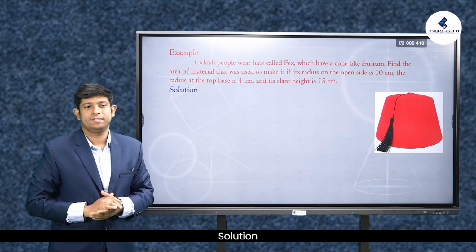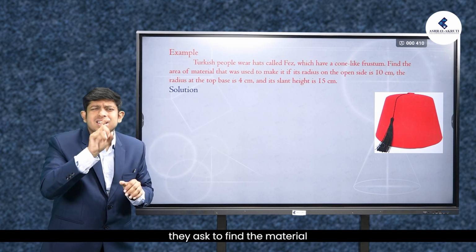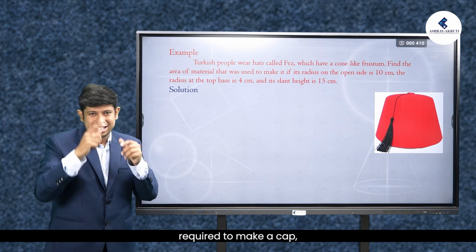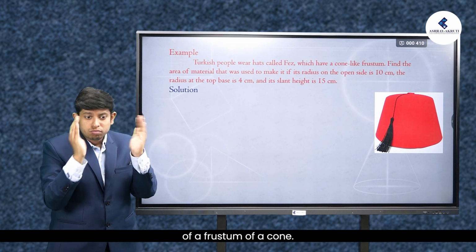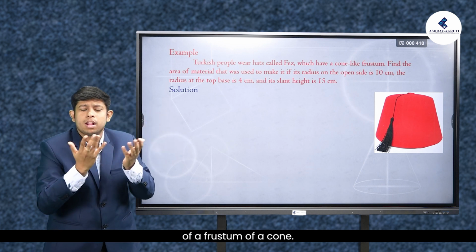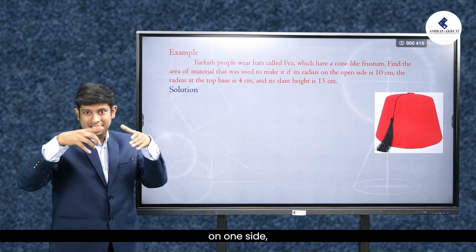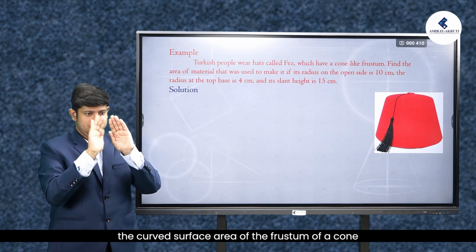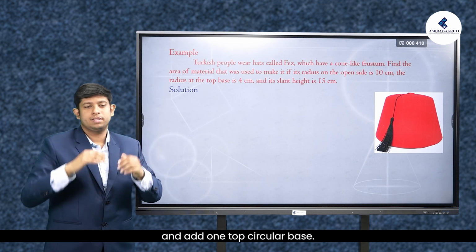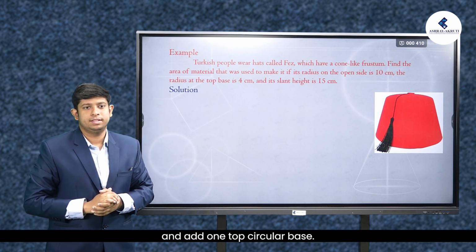Solution. In this, they have asked to find the material required to make a cap which is in the shape of a frustum of a cone. So, the cap will be open on one side. We will consider the curved surface area of the frustum of a cone and add one top circular base.